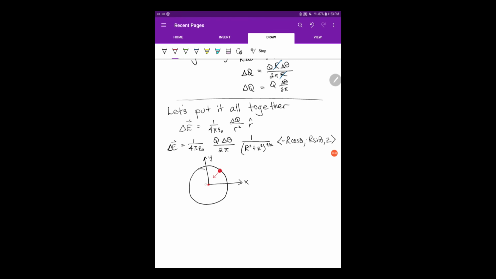And so I want to know in the xy plane, how does the electric field look if I'm on the z-axis? And so if I put another charge on the opposite side of the circle here, which there will be one because we have a ring of charge, it has an electric field that's equal but in the opposite direction in the xy plane. And so all the contributions that are in the xy plane are going to cancel one another, and we'll only end up with an electric field that points along the z-axis.